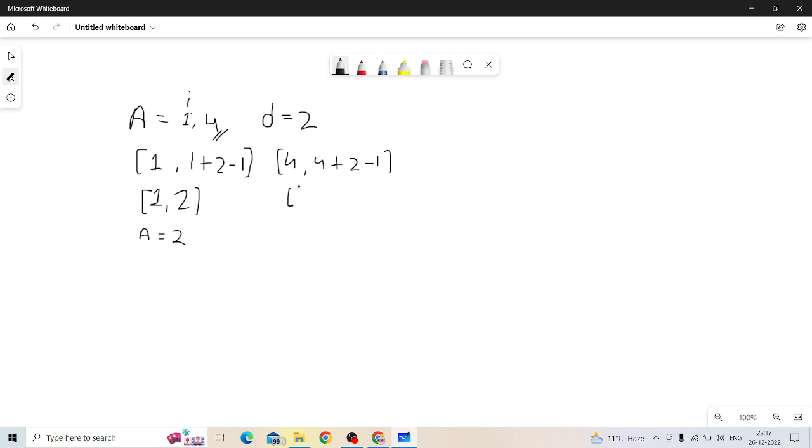So it is from 4 to 5. If we include them, 4 and 5, which is 2. So the answer here is also 2. If we add both answers, the total answer becomes 4, as they have given here.